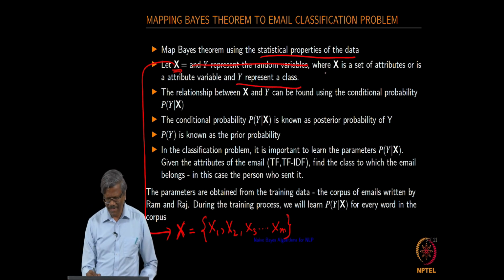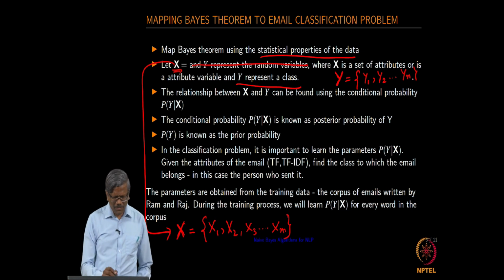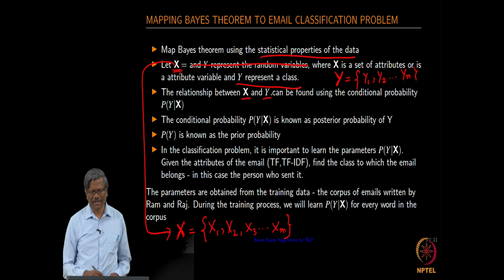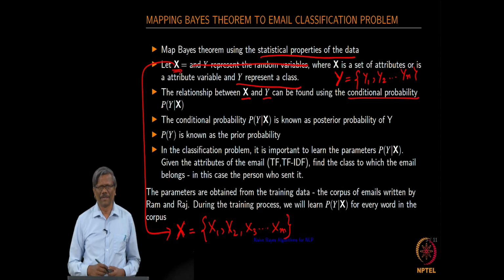Okay, a class. Now it is only one class, so it can also be a capital Y containing multiple classes as well, right. So, we want to find out the relationship between x and y. So, let us use the conditional probability to find out the relationship between x and y.